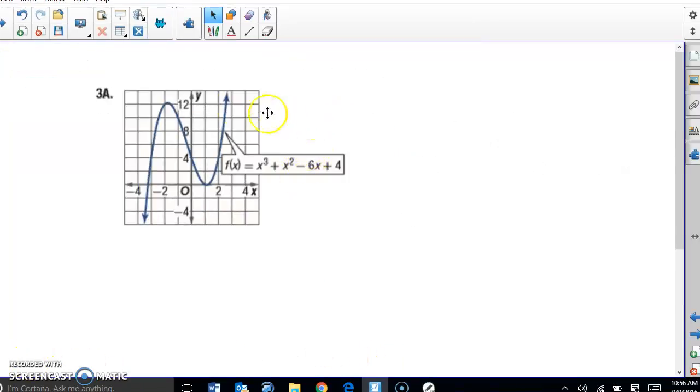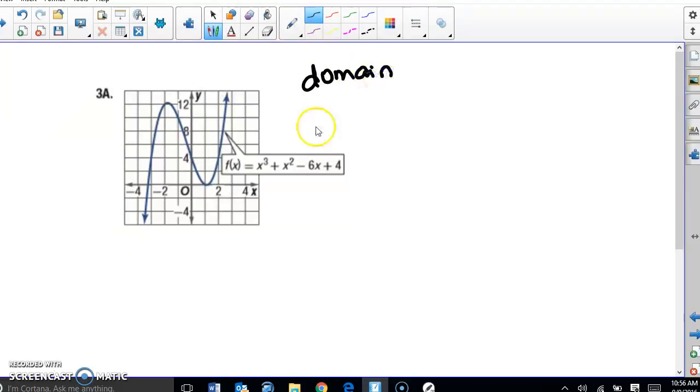So for our next example, we want to find the domain and range of this graph. The domain is the set of all points that can go into the equation. So in this case, since x is the variable that's in the equation, our domain is all x values.